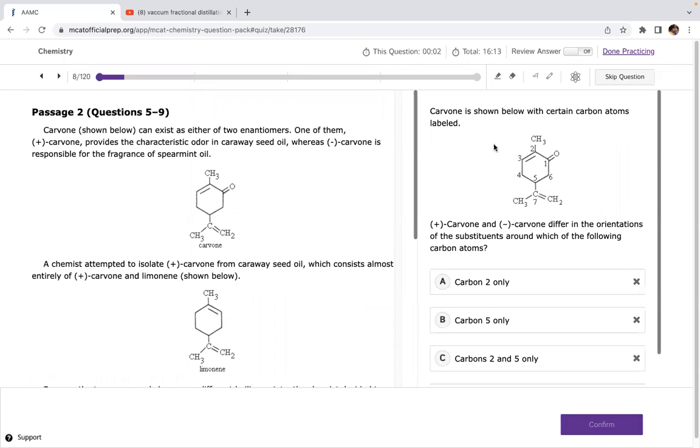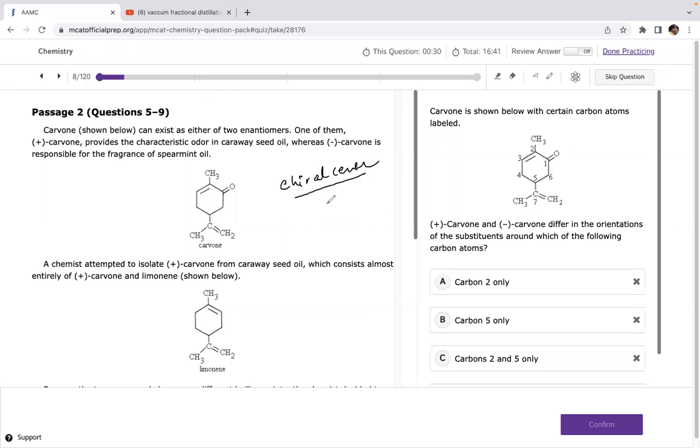Now next is, carvone is shown below with certain carbon atoms labeled. Plus carvone and minus carvone differ in the orientation of the substituents around which of the following carbons? It is talking about orientations. And in stereochemistry, you know that orientation means stereogenic center or chiral center. Simply you can say chiral center.